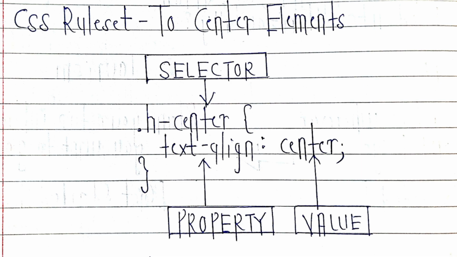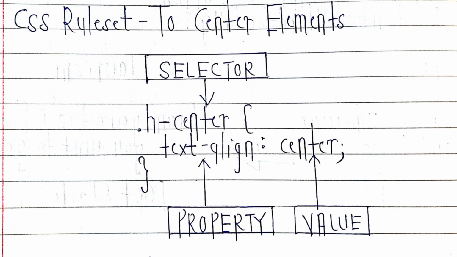Reminder, in CSS, a dot before the name means it's a class selector. Step 2, Property. Inside the curly braces, we write the property we want to apply. Here it is text-align. This property is used to align text inside an element like headings, paragraphs.